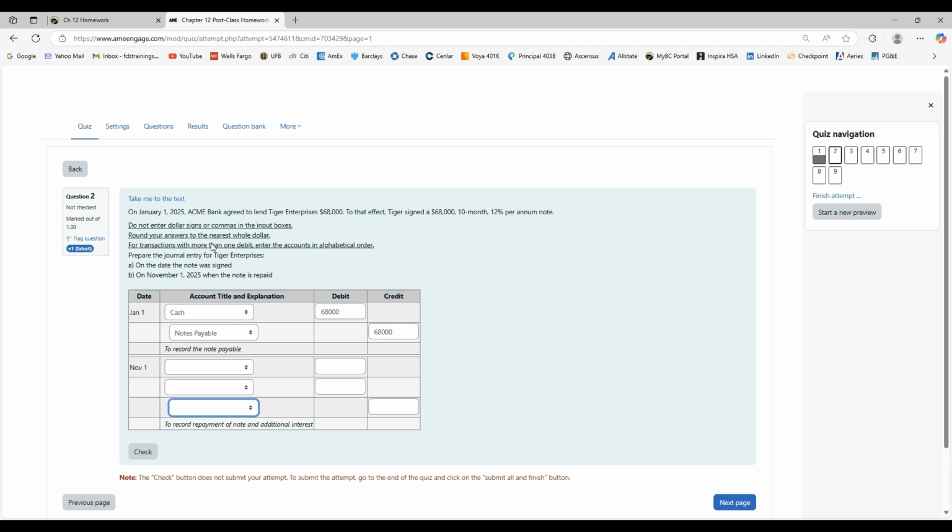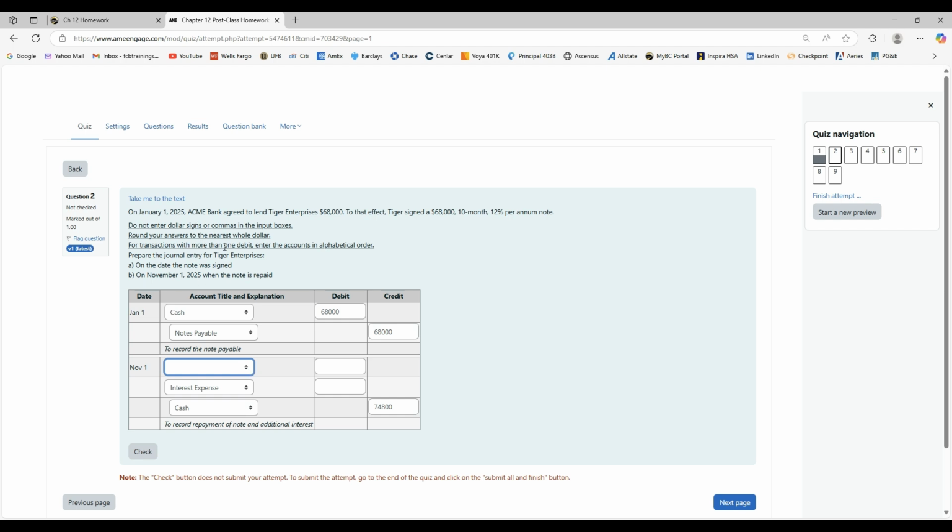So we're paying back with cash, right? So we're going to have that additional interest portion of 6,800, and then we've got 68,000 is the note payable going back.